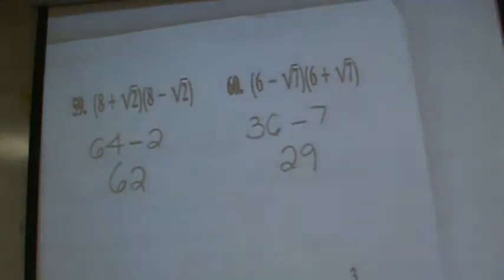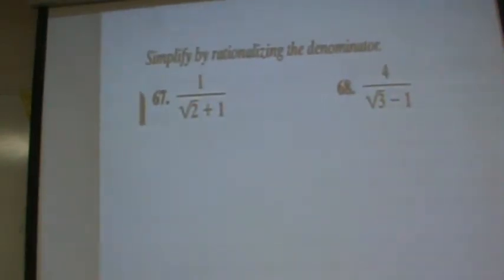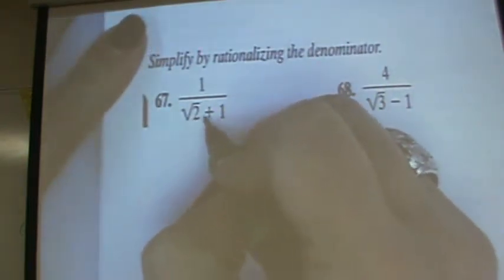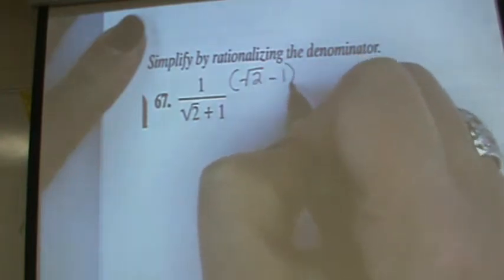Now, why we need this is because we have fractions here, and we can't have a radical in the bottom. So we're going to rationalize the denominator. So what you're going to do is find the conjugate of root 2 plus 1. So the conjugate is root 2 minus 1.